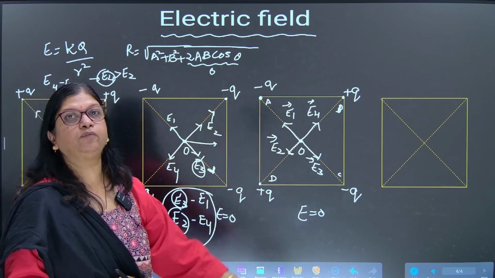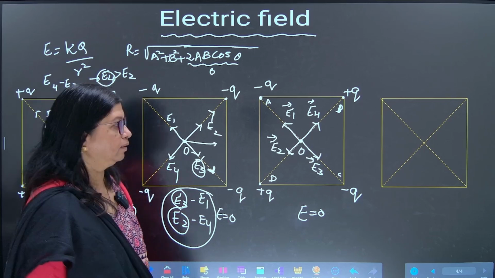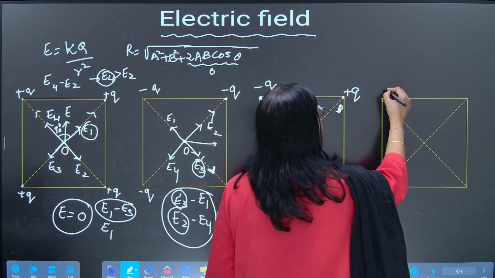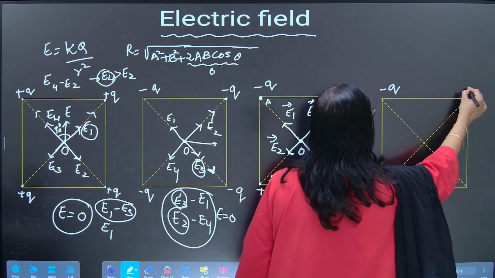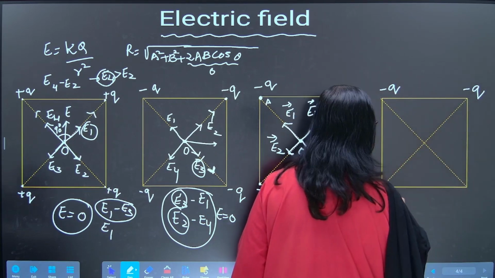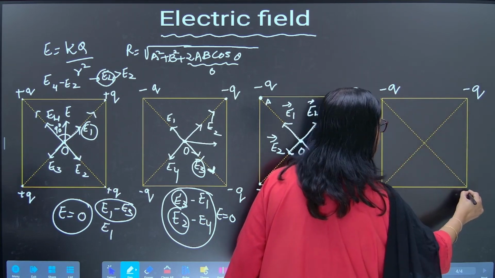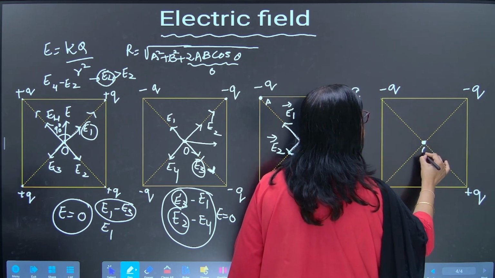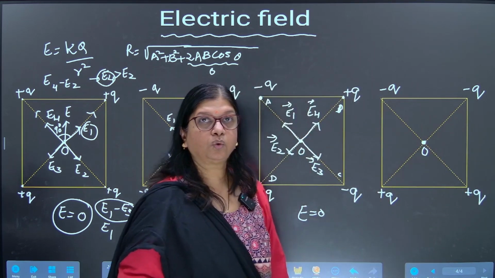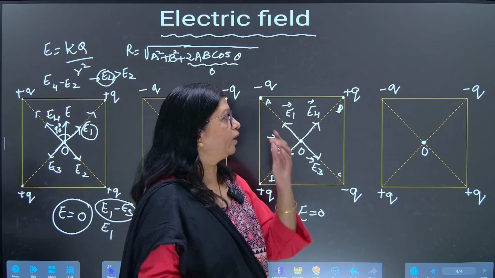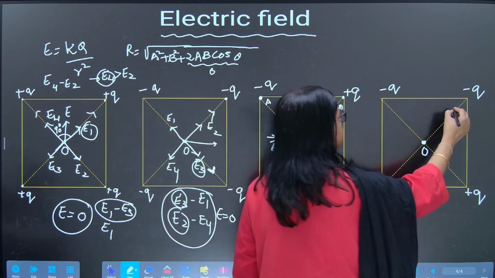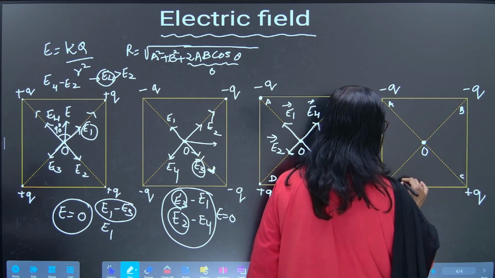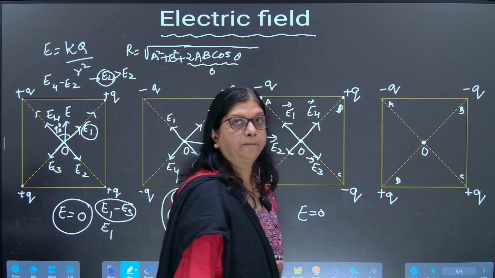Now let me take 1/4 square, where I will take the same polarity on the same side. Now let me see what different I am going to get or same I am going to get. Again I am asked to calculate the electric field at O. Correct? Okay. Follow the same procedure. Let me write here A, B, C, D, so that there is no confusion.